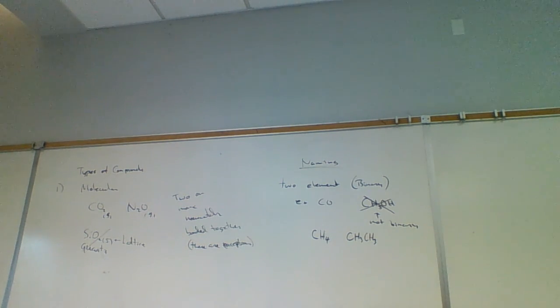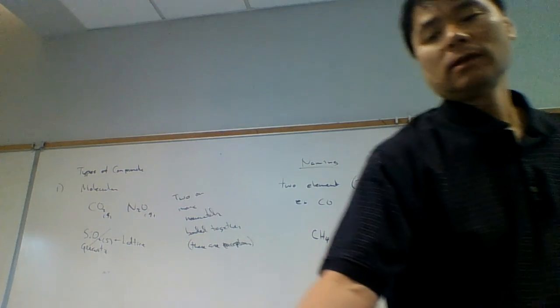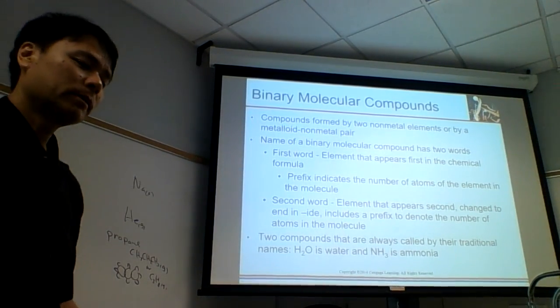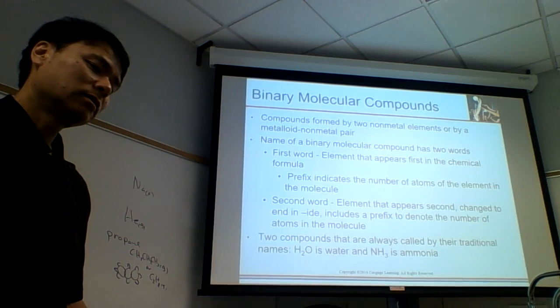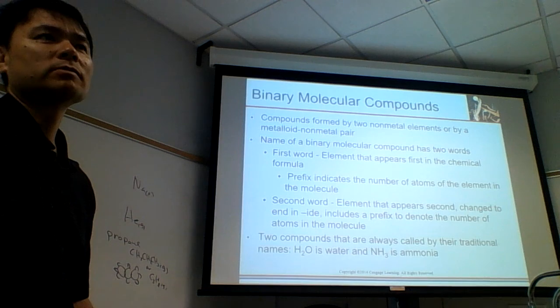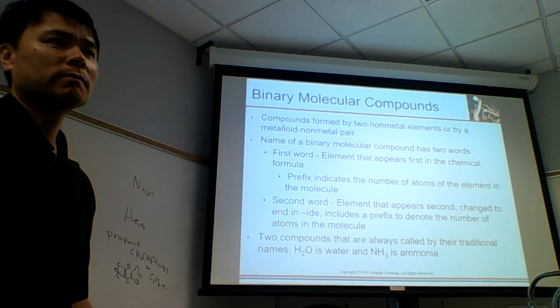There are two compounds that are always called by their traditional names: H2O, water, and NH3, which is ammonia. That's not entirely accurate, though. I was looking in a chemistry catalog from a European manufacturer, because I needed to buy some ammonia.